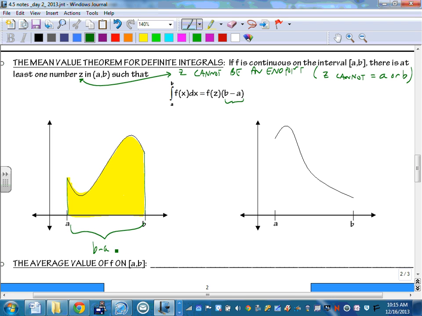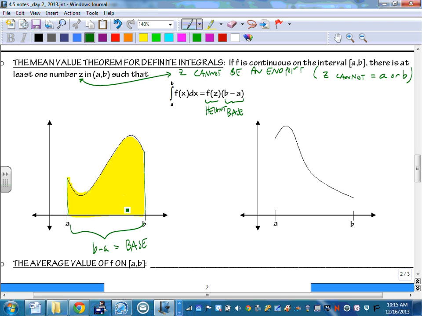All that is the base of a rectangle that we're going to be talking about. This left side represents the area under this curve. This right side represents the area of a rectangle. The b minus a is the base. F of z is the height of that rectangle.